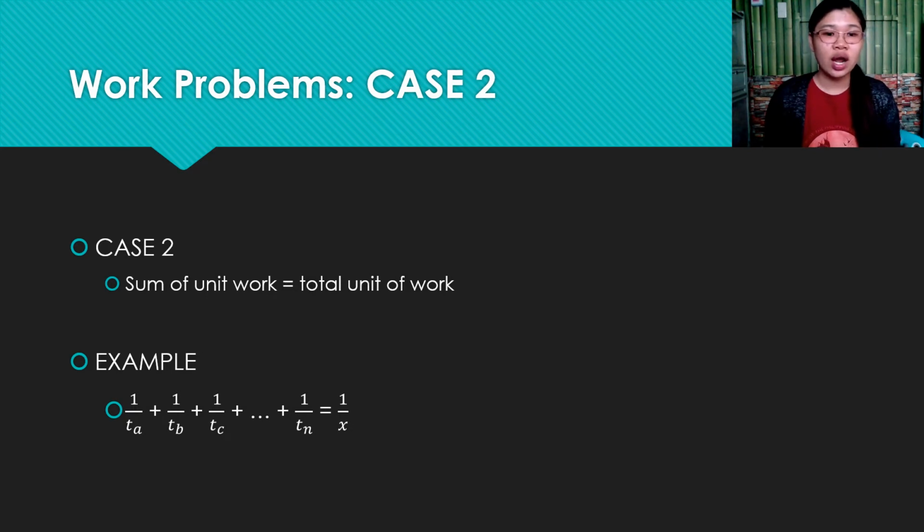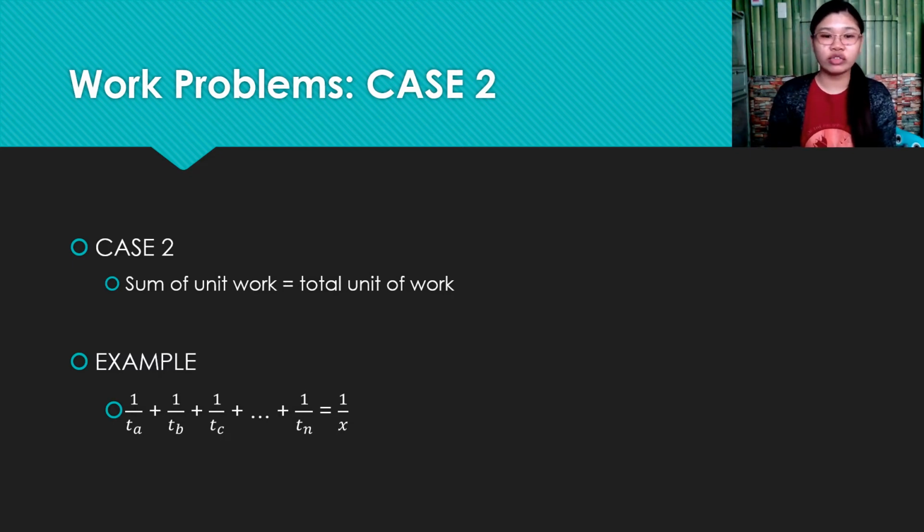So we have here 1 over TA plus 1 over TB plus 1 over TC and so on and so forth up to 1 over TN or TZ is equal to 1 over X. Wherein here, TA, TB, TC, TN, or any variable that you represent, that is the time that workers A, B, C, and N each can do the job alone.